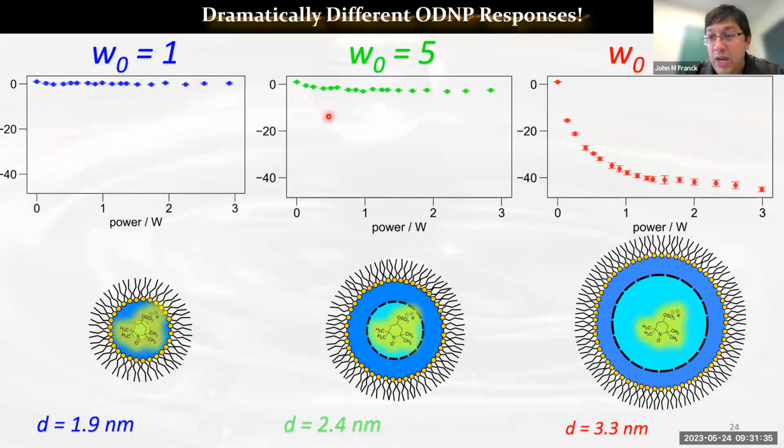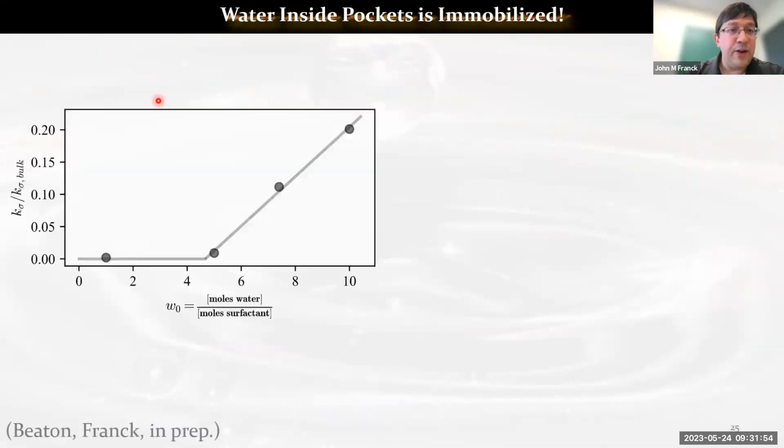And then as you increase the size, the water can now move in a way that is more like in the bulk, which is faster, right? There's more hydrogen bonds for it to exchange and move things around, right? And then all of a sudden it's translating at a much better rate, and I can get much better DNP, right? And so doing our kind of analysis where we pull out the actual cross-relaxation measurement from this, that's sort of the raw data, right? We get a dependence that looks like this, right?